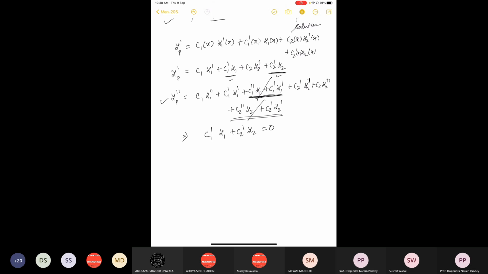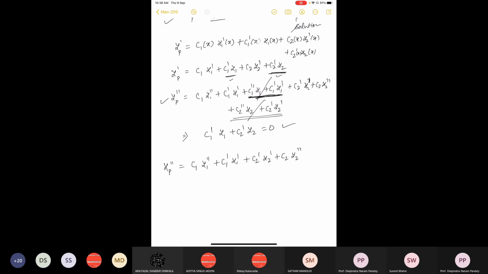Then this term will not be there, and we'll get yp double dash as c1 y1 double dash plus c1 dash y1 dash plus c2 dash y2 dash plus c2 y2 double dash, right? So here we don't have any second order derivative of c1 or c2. Is it clear here?